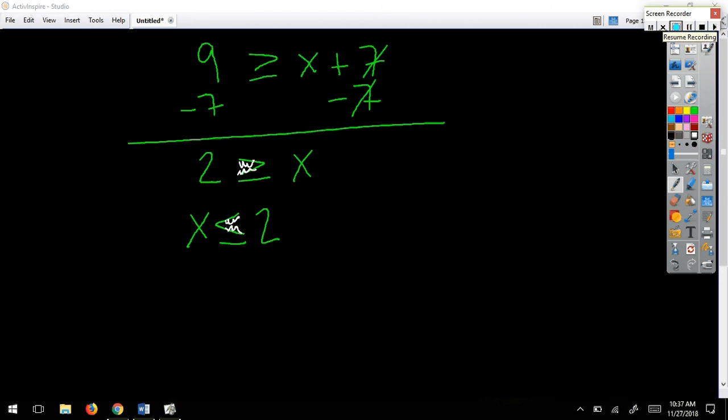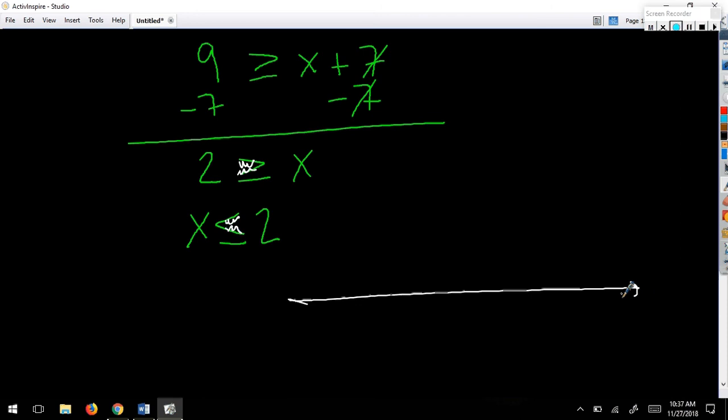Now I've got x is less than or equal to 2. So when I set my number line up, I'm going to start with 2, because that's the way I graph inequalities, and I add a couple on either side. You go up to the right and down to the left.